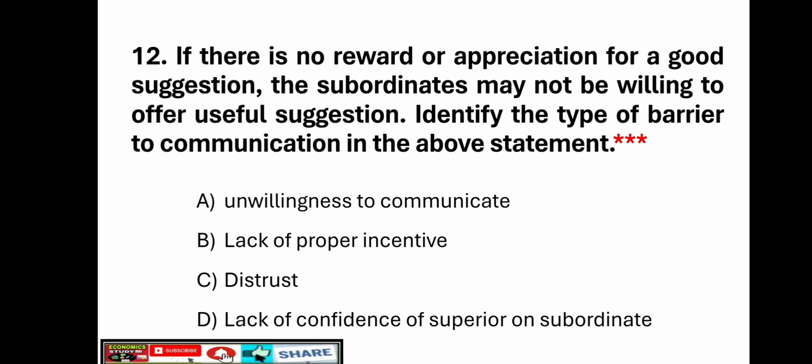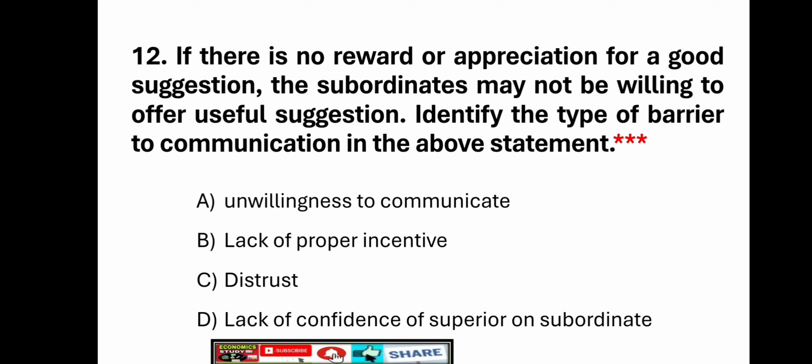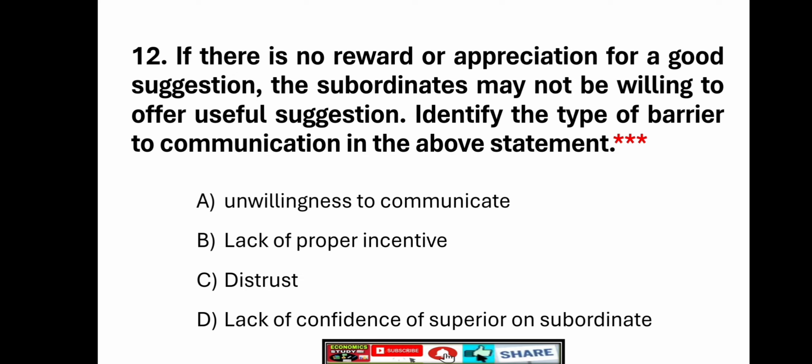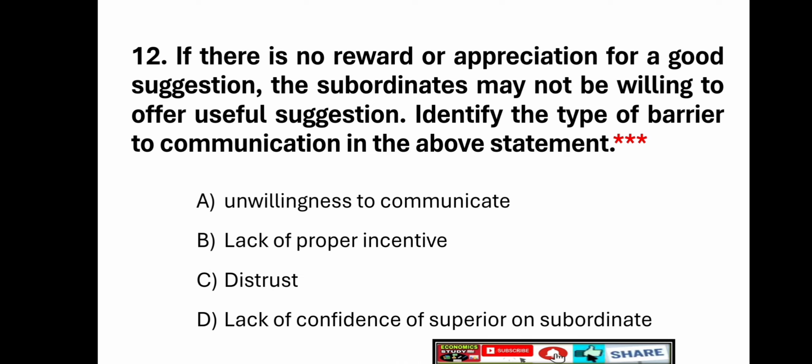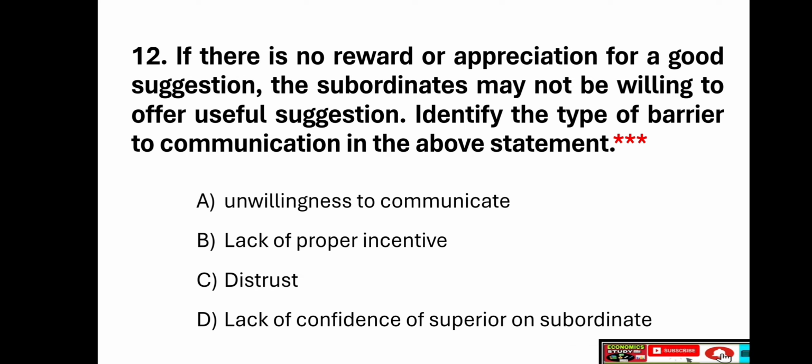12th question. This is also a hard question. We already marked it with a red color star. Yes, students, look at the 12th question. If there is no reward or appreciation for good suggestions, the subordinates may not be willing to offer useful suggestions.